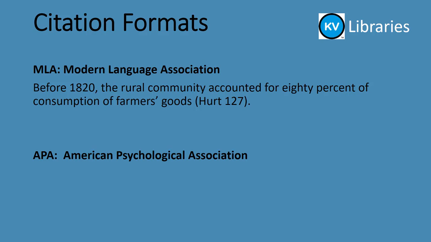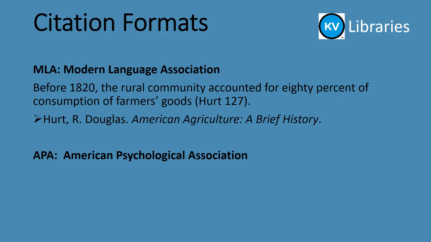The short note in parentheses gives enough information to indicate where to look in the list of sources at the end of the paper, which is alphabetized by the author's last name. The full citation for this book found there should include the author's full name, the title of the book in italics, and finally the name of the company that published the book, followed by a comma and the year it was published. Each item of information is followed by a period.